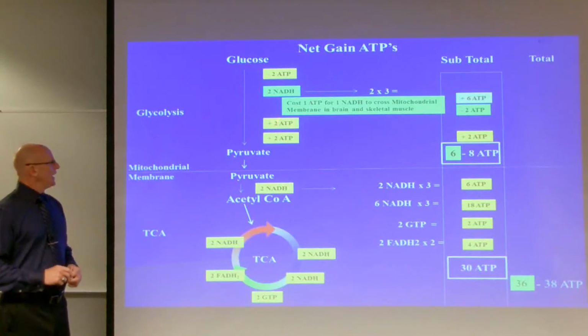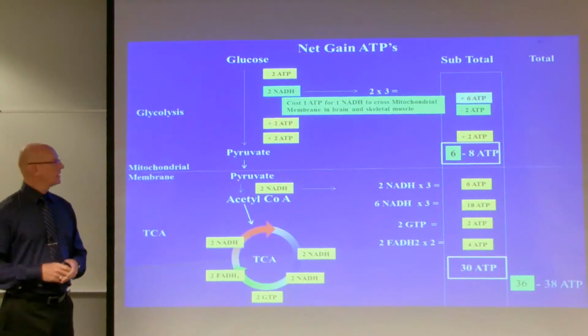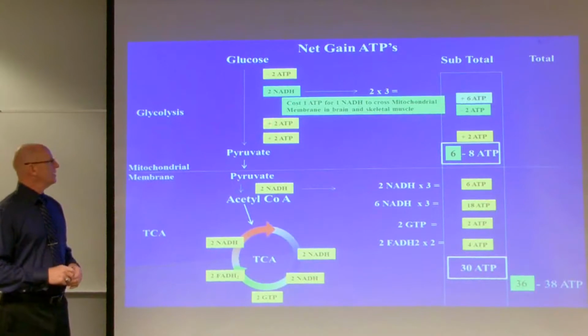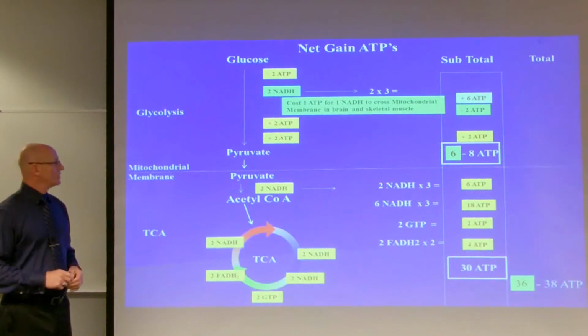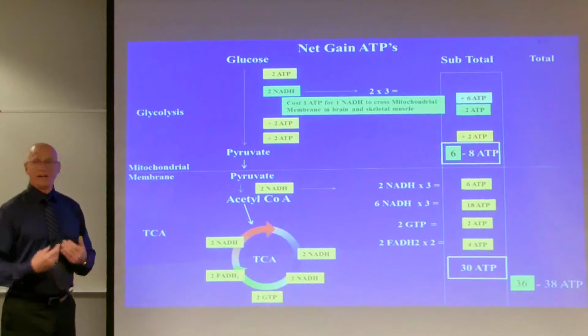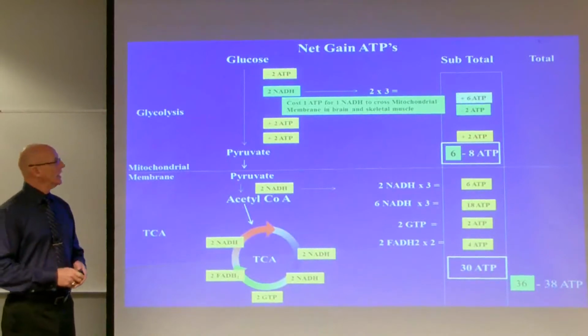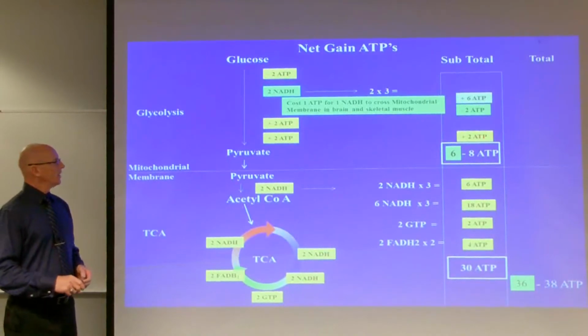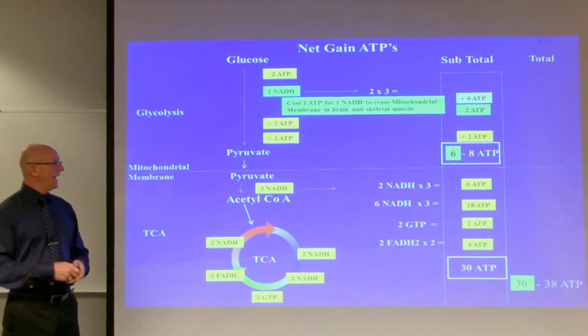So in the payback phase of glycolysis, we gained 2 ATPs and then another 2 ATPs, and that was a total of 4 ATPs. But 4 minus 2 will give us a net gain of 2 ATPs in glycolysis.